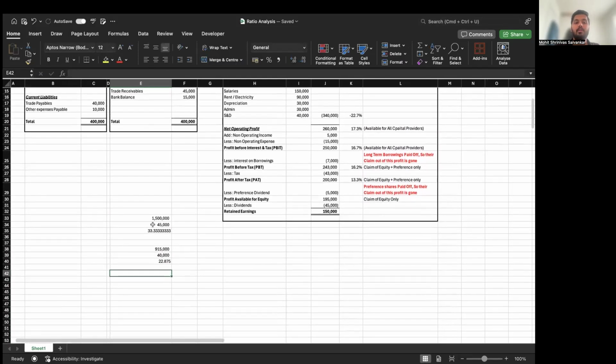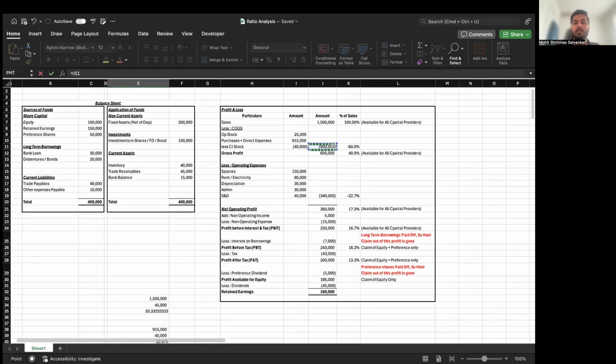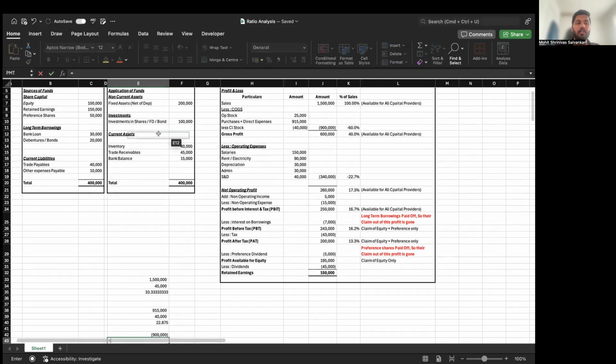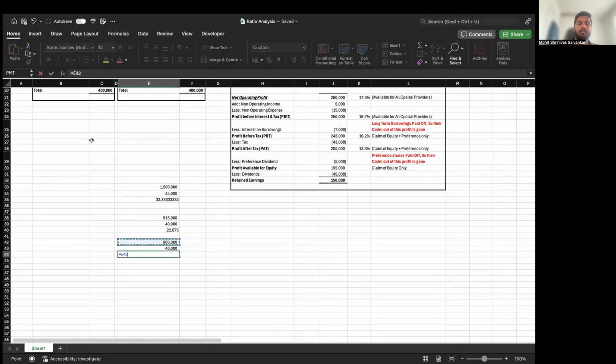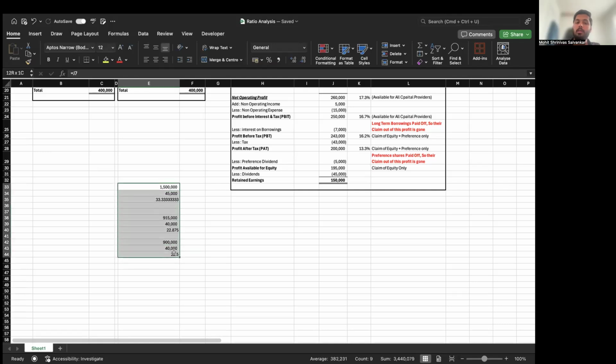Similarly, for inventory again, if I take cost of goods sold and if I take inventory here, if I divide this by this, we get 22.5 times the inventory turned over within the year. Okay. So the same ratios which we calculated in terms of days, we also did in number of times.